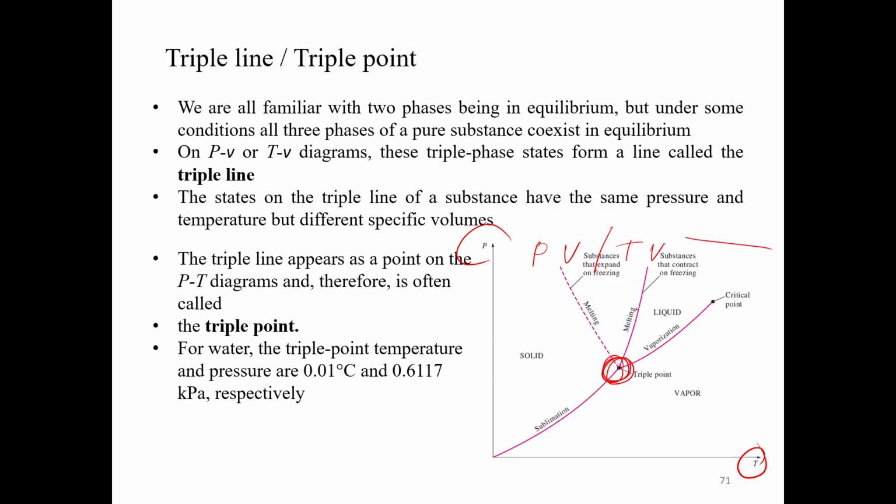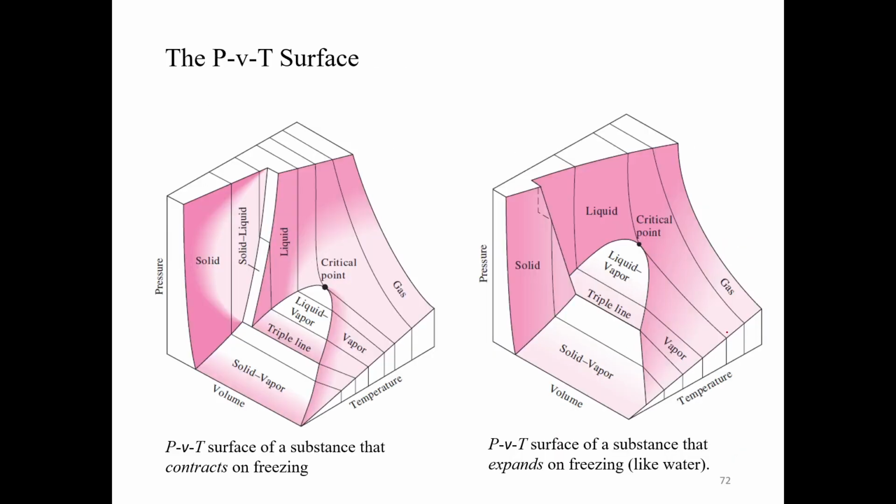Let me draw this in 3D, then you will be able to understand. You have the pressure, the volume, and the temperature. Now if you look from this side, this has the triple line. If you look from this side, you see this one as the temperature and this one as the volume.